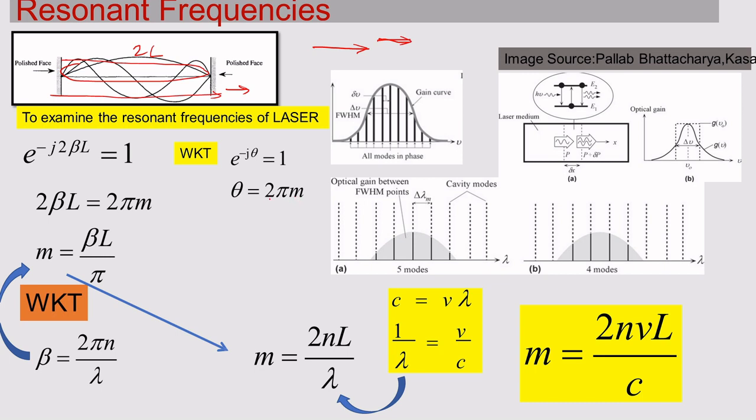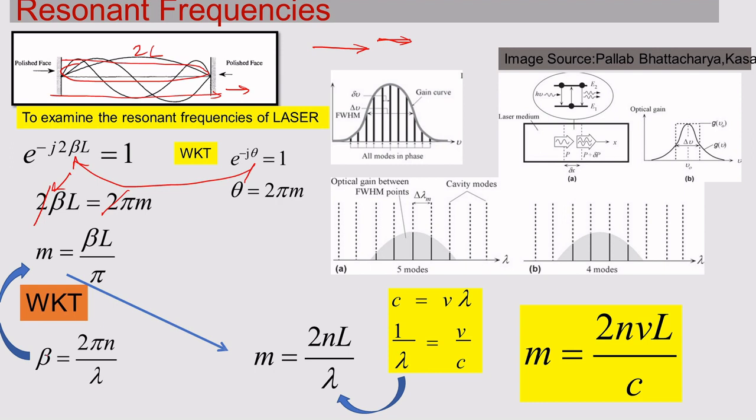M is an integer. If you look at this condition, in place of theta I can bring 2 beta L, so I can rewrite it as 2 beta L equals 2 pi m, where m is an integer. If you cancel the 2, what is m? M is beta L by pi.